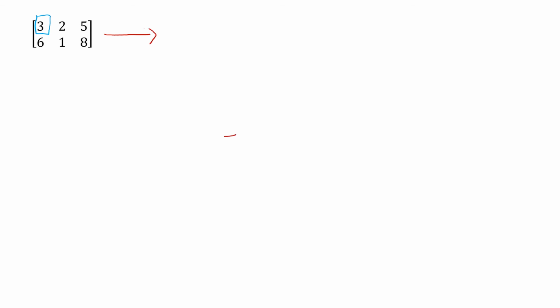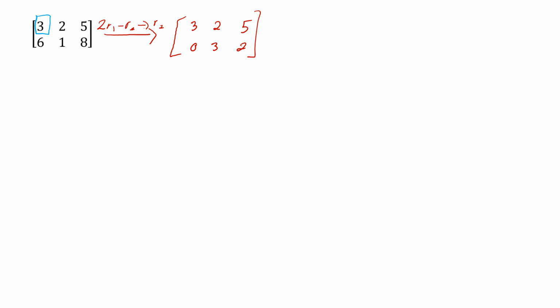So if we do 2 row 1 minus row 2 is the new row 2, we are going to eliminate the second number in that column. We get 3, 2, 5 for the first one. We get 0, 3, 2. So that eliminates our first one.